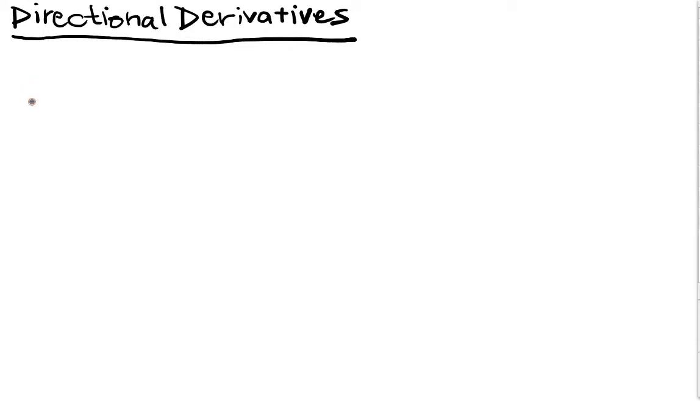Now that we have the chain rule, we can talk about a thing called a directional derivative in a nice way. And we've already seen directional derivatives for particular directions.